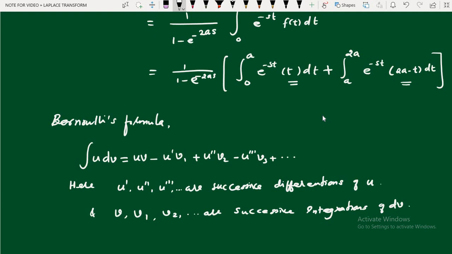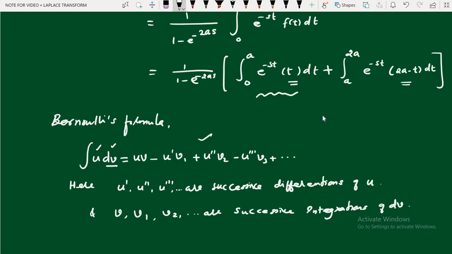We have only two terms, one term is u and another term is dv. That u you have to differentiate successively, and that dv you have to integrate successively. This combination is given here: uv minus u dash v1 plus u double dash v2, like that you should take. So this is the answer for the integral u dv. You have to consider the given integral also in this format.